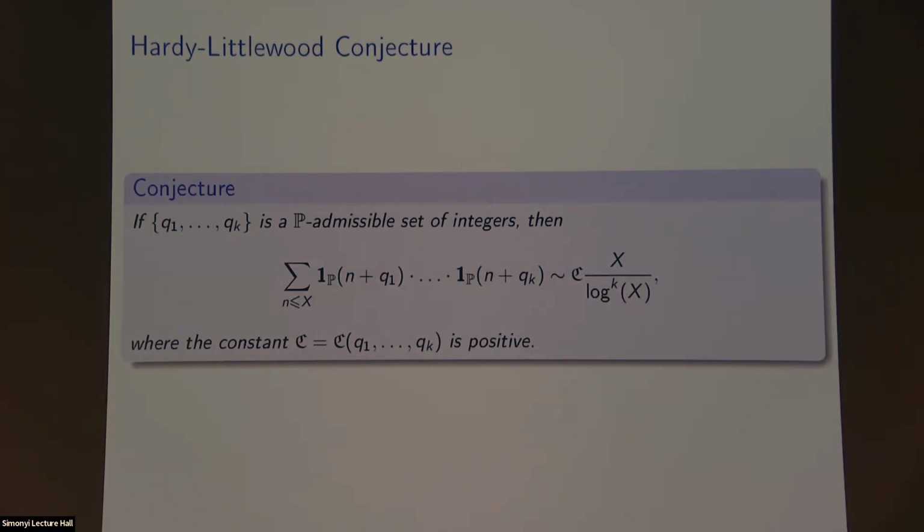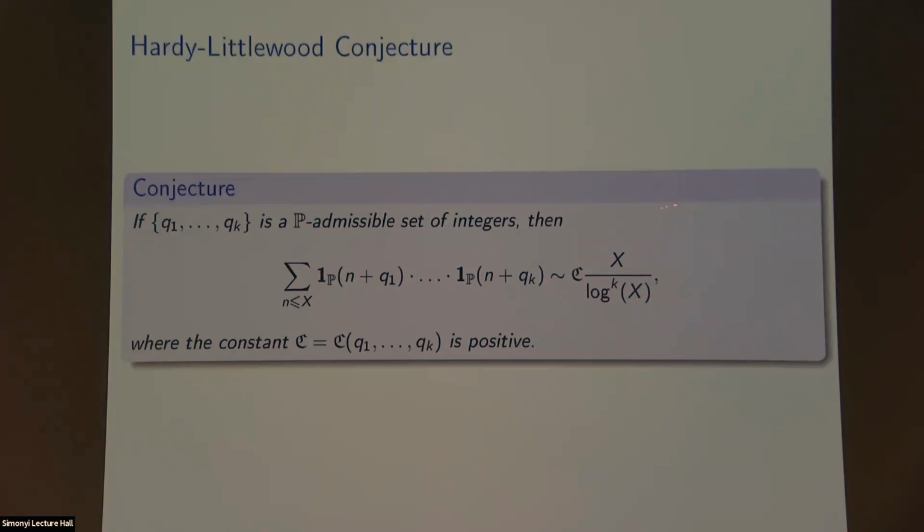A more precise formulation of the quantitative form of the Hardy-Littlewood conjecture can be formulated as follows: when you take a P-admissible set of integers, the frequency of prime constellations which look like the set is something like x by log to the power k of x.